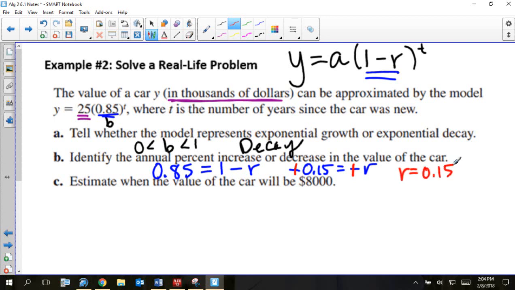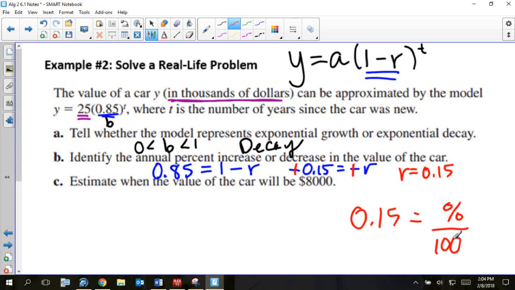But remember in the directions, it said that R is the percent, but in decimal form. So R is the percent over 100. So how do I find what R is as a percent? What's 0.15 as a percent? 15%.